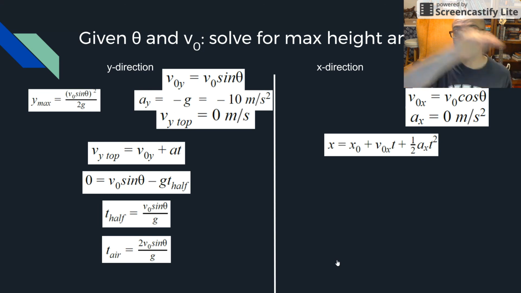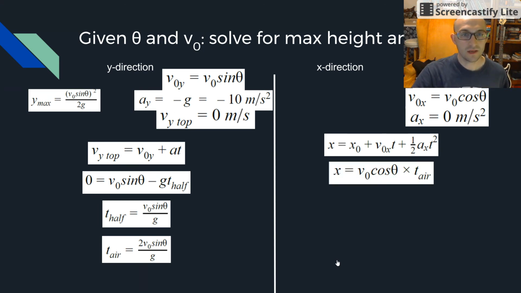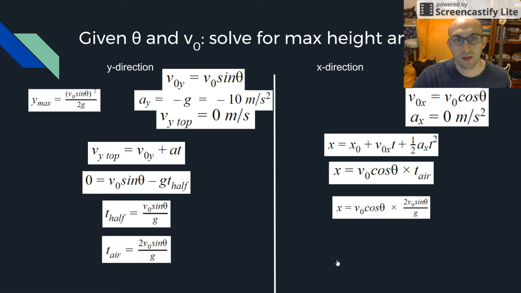In other words, how far the cannonball lands away from my cannon. Because x naught is 0 and acceleration is 0, those terms disappear, leaving me with this. That's it. I'm done. I just plug in what I know. And then if I wanted to, I could simplify and make it 3D. But at this point, I'm done. I have solved this problem algebraically.